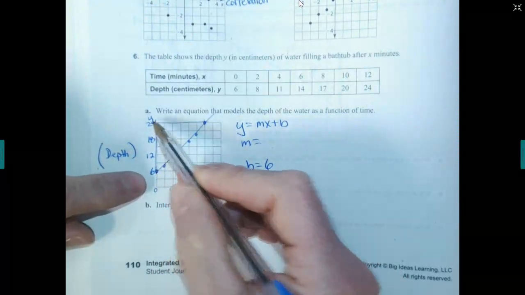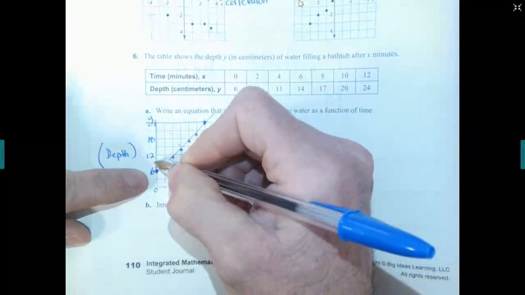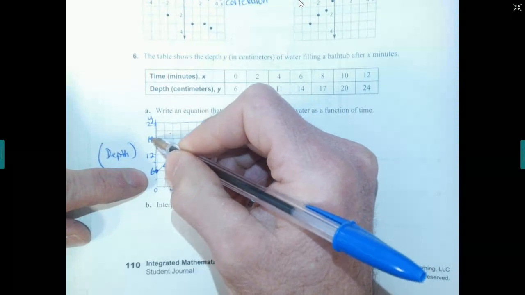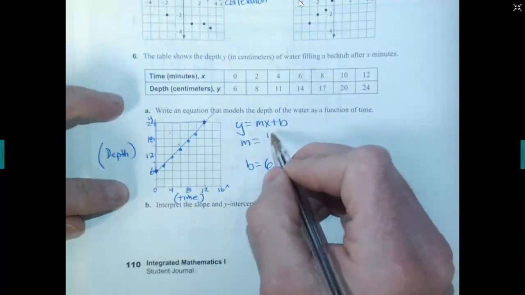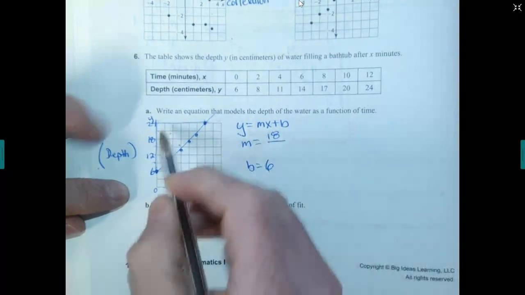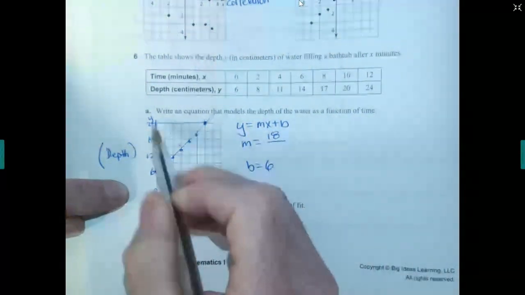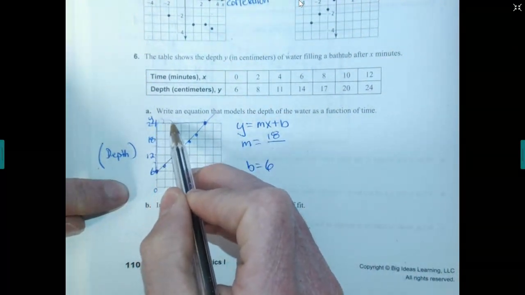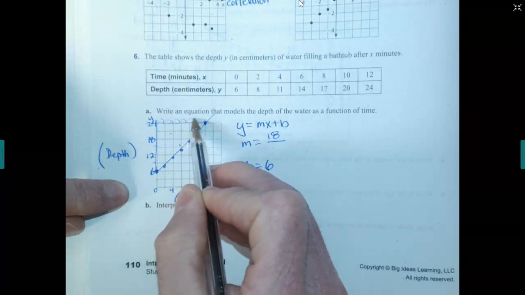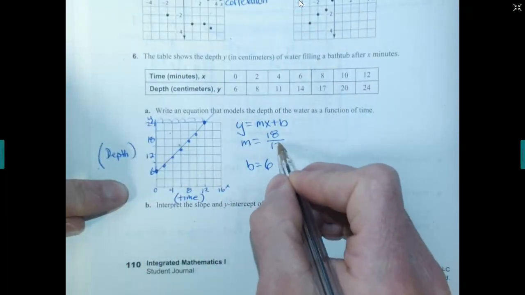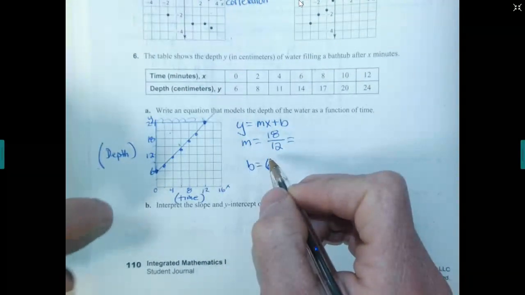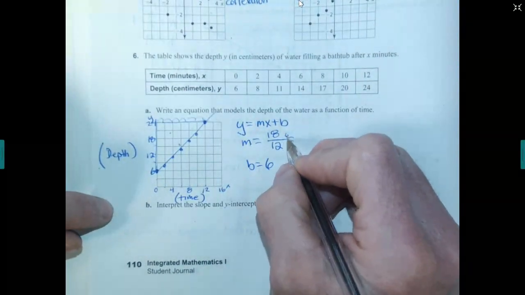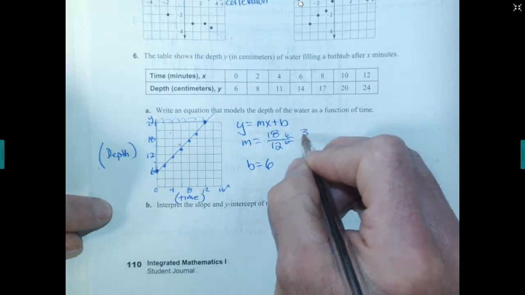So I go from 6 to 24. So that's 3, 6, 9, 12, 15, 18. So I have a rise of 18. And I have a run, and these go by 2. So 2, 4, 6, 8, 10, 12. 18 over 12, those are both divisible by 6. So I get 3 over 2.